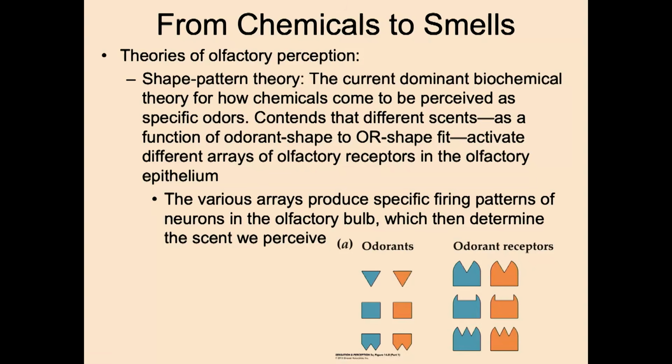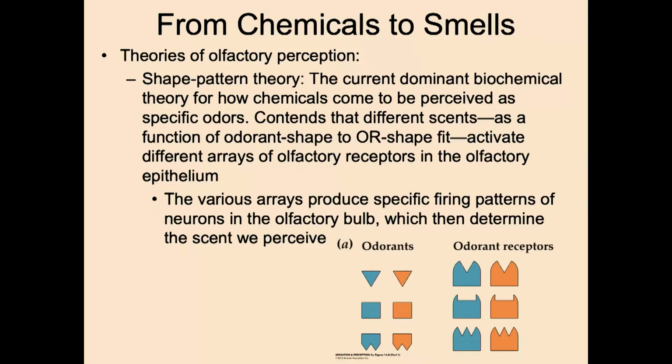The idea here is that different scents, depending on the compatibility of the odorant shape, so the shape of the molecule and the shape of the receptor, activate different arrays of olfactory receptors in the olfactory epithelium. The various arrays produce specific firing patterns in the olfactory bulb, which determine the scent that we perceive.